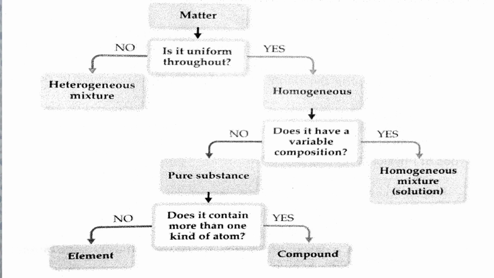Does it contain more than one kind of atom, referring to the element? If it doesn't have more than one, then that's an element. But if it has more than one, let's say for example our sodium chloride, which has sodium and chlorine atoms, so it is two, then that is now considered a compound.